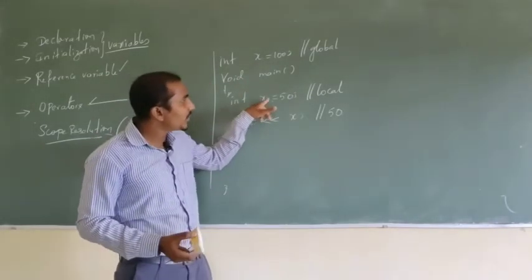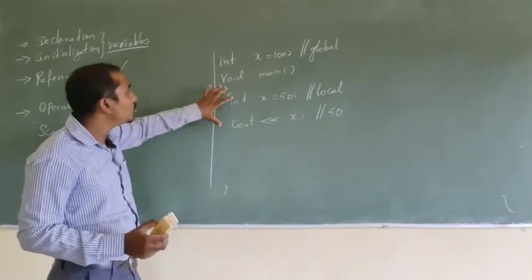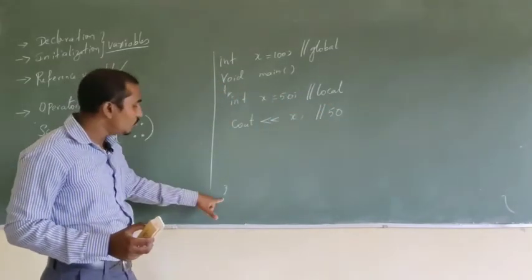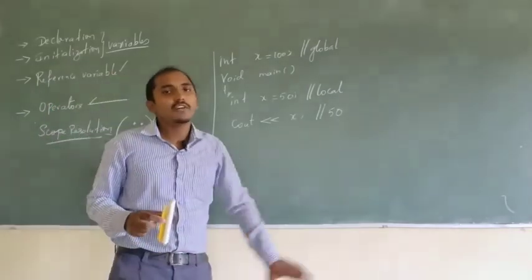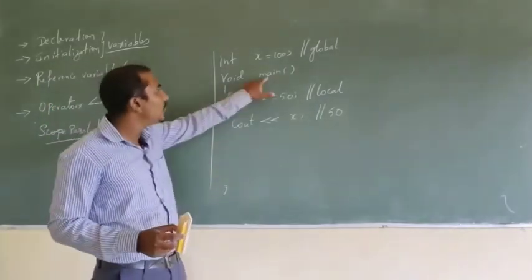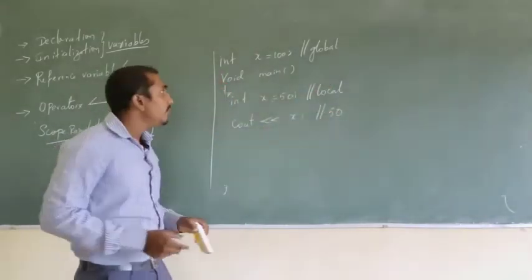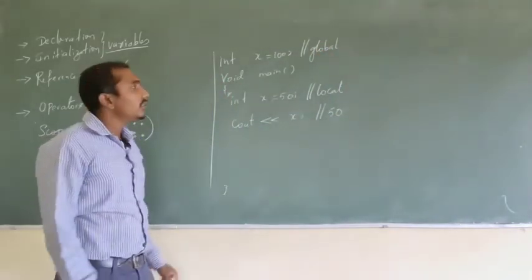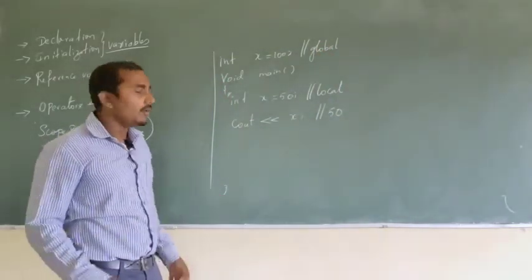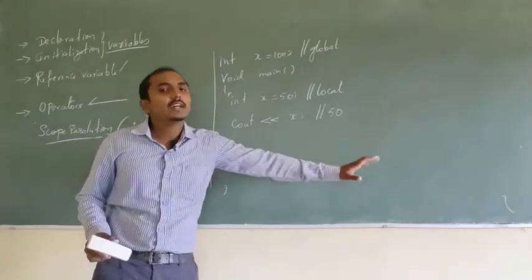This variable is local, in the sense that it is used only between the main function's opening and closing brackets. I cannot use it in other functions because it is defined only for main. That is why it is considered a local variable. The other variable x is global, so it can be accessed in main and also in other functions.